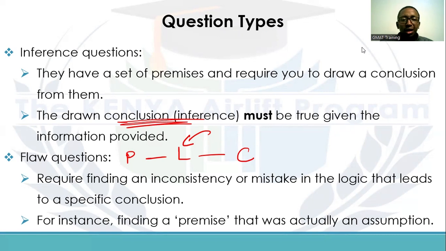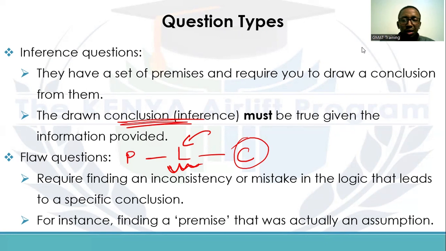So when the logic that's used to draw our conclusion is flawed or has a mistake, then that's where flaw questions come in. We're supposed to find that inconsistency. So where is this logic lacking, or where is this logic wrong, and why is the conclusion not really correct given the logic that you have?